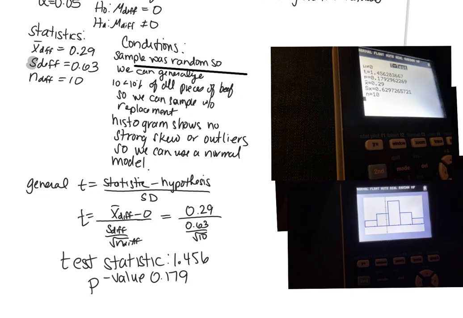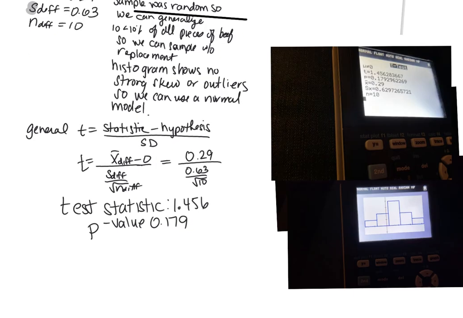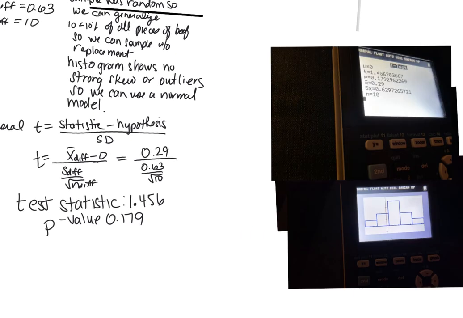And then I'm going to do TCDF. Okay, so then you would do this. It's going to give you 1.456. And then I'm going to do TCDF. 1.456, 99, 9 degrees of freedom.